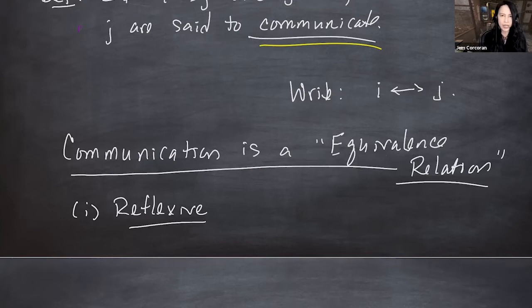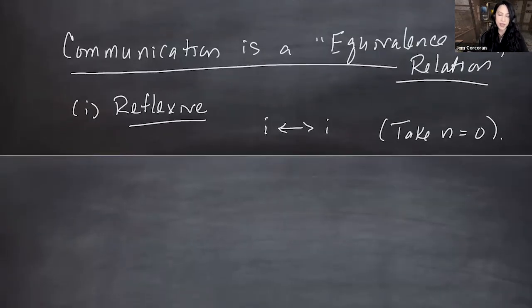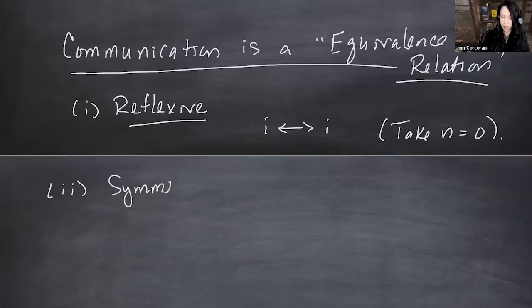So communication is reflexive, and that means that I communicates with itself. And I wouldn't be too sure of that, except that's how we defined it. So we can take n to be 0. The second one is it is symmetric, right?